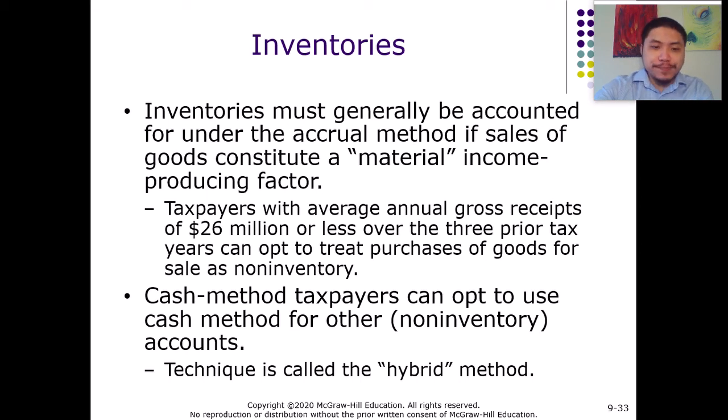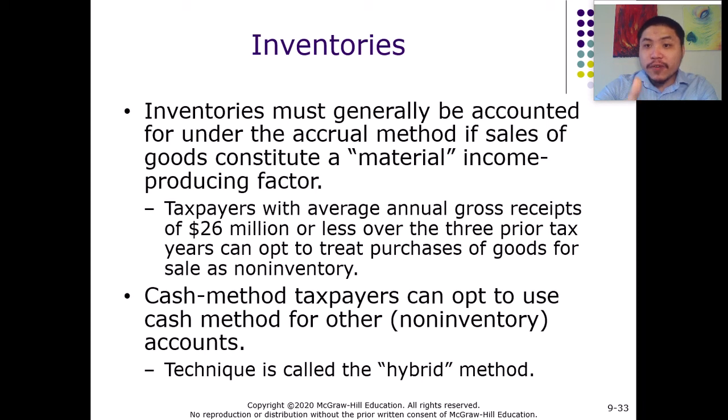So that's why sometimes there's such a thing as a hybrid method, because for some items of inventories, even cash method taxpayers have to use the accrual method. But individual taxpayers or small businesses can choose to treat the purchases of inventory of goods as expenses.